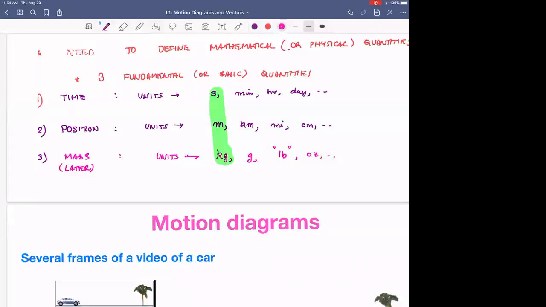And in fact, this set of units is called the SI units. And these are the preferred units in the physical sciences.